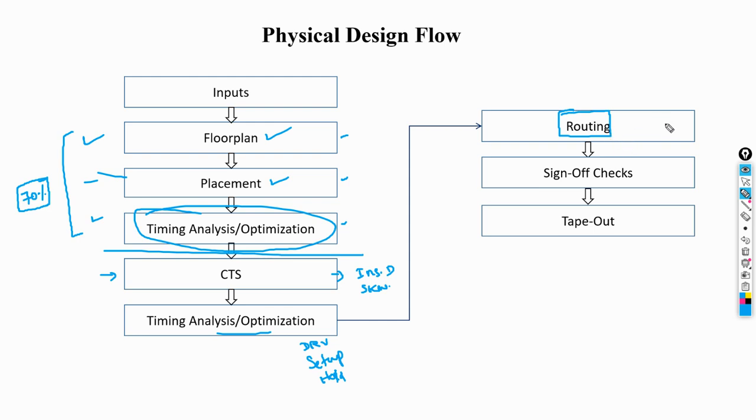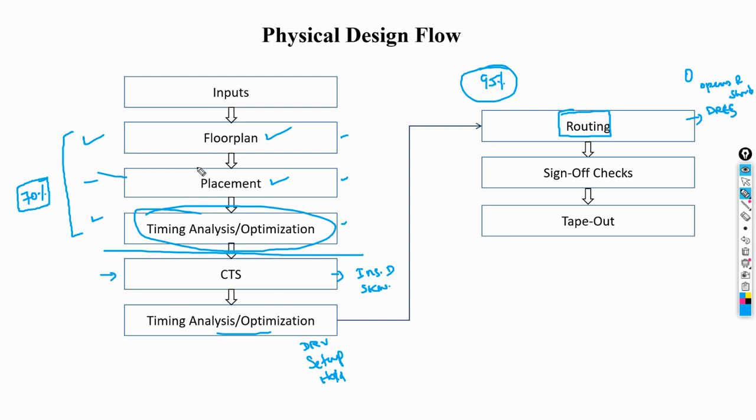After routing, we again have certain goals: 0 opens and shorts, and then 0 DRC. This is the goal of routing. So are we able to achieve that? If we are able to achieve that, your design is almost 95% closed.